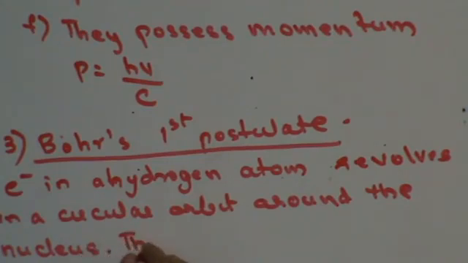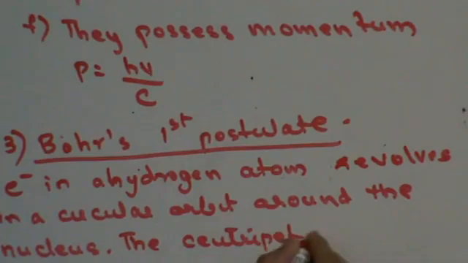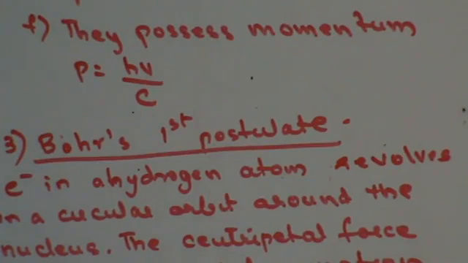The centripetal force required for this circular motion is provided by the electrostatic force of attraction between the positively charged nucleus and the negatively charged electrons.